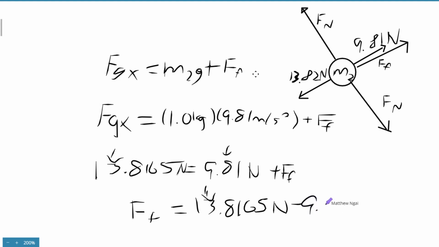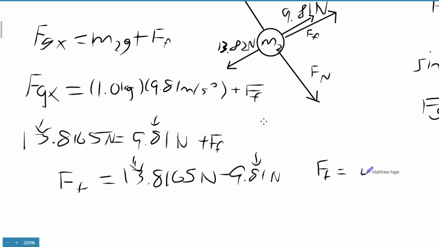So then we find that FF is equal to 13.8165 minus 9.81, and that's 4.0065.